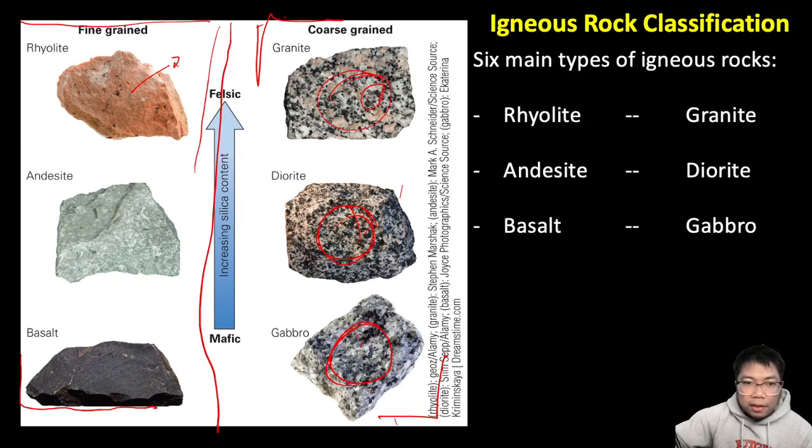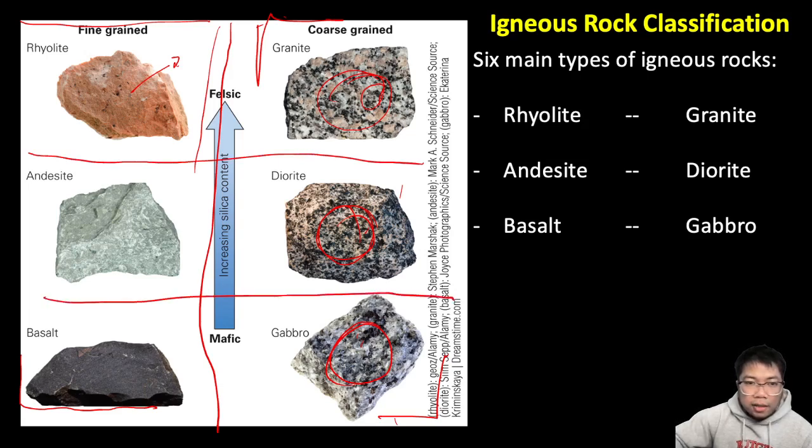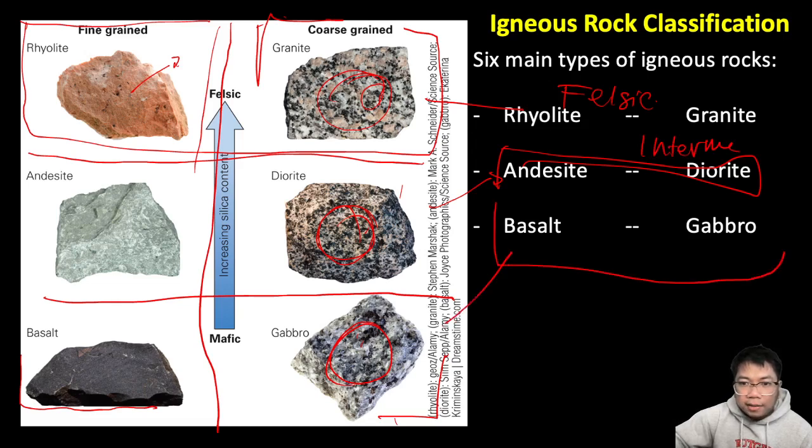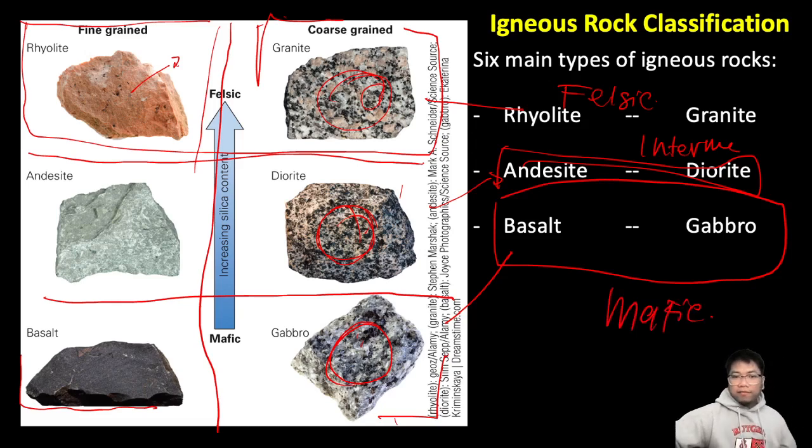But if you pay attention, the division goes horizontally as well. The top row represents the felsic rocks, the second row represents intermediate rocks, and the bottom row represents mafic rocks.